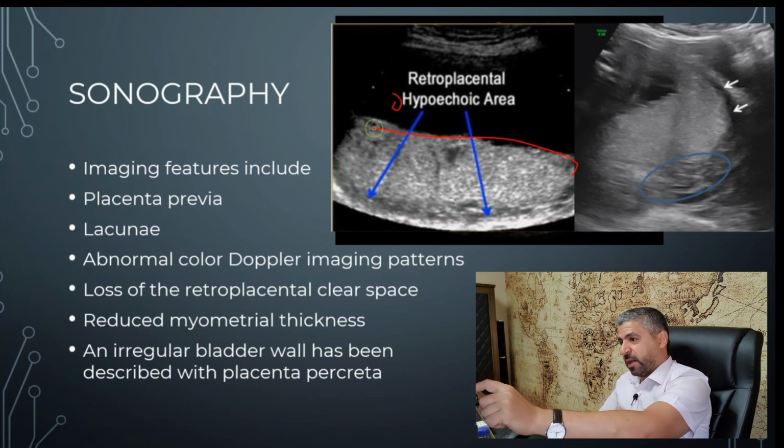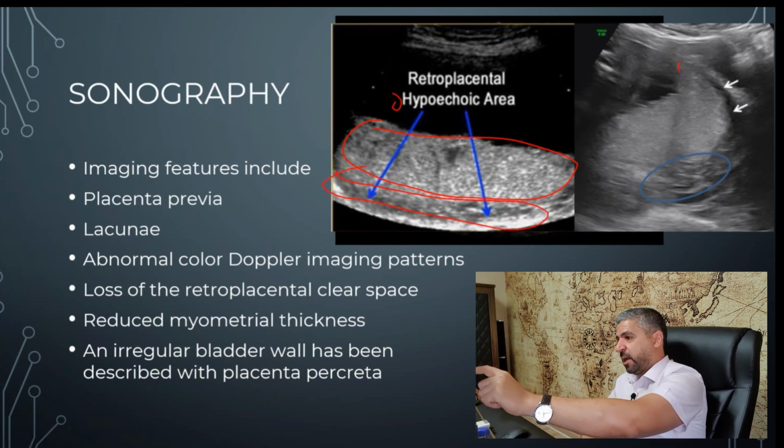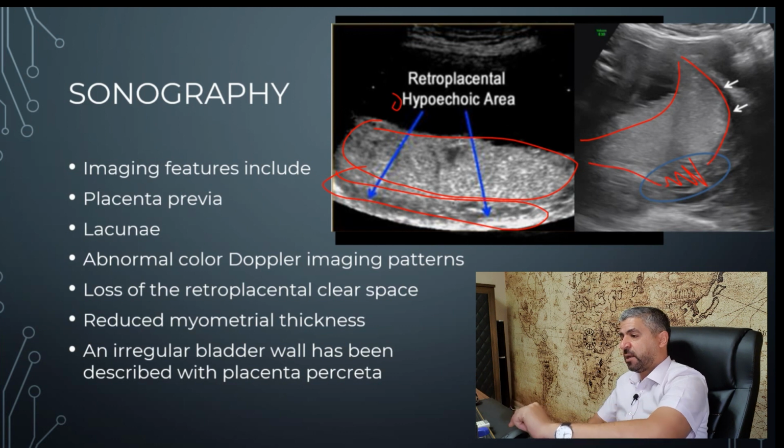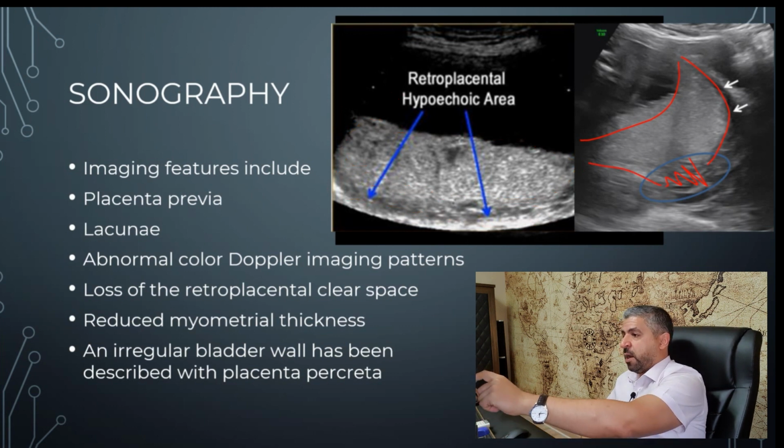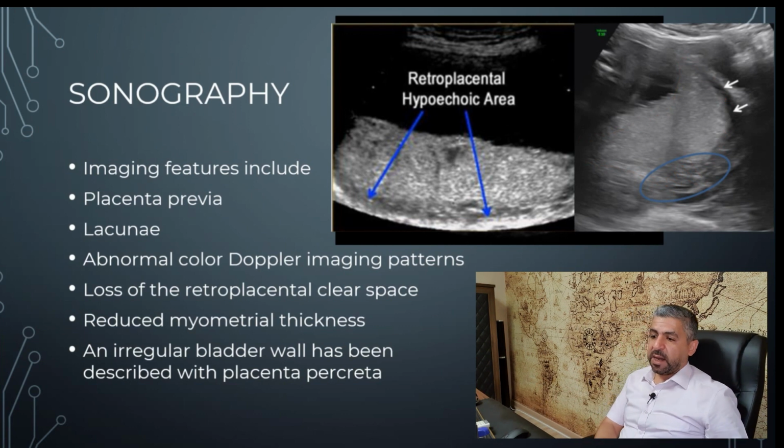You can see normally there is this placenta and there is this retroplacental clear space. While here the placenta looks good, and then suddenly there is loss of the retroplacental clear space here. So this is a suspicious pattern for placenta accreta spectrum.